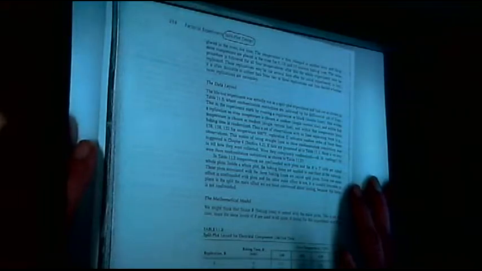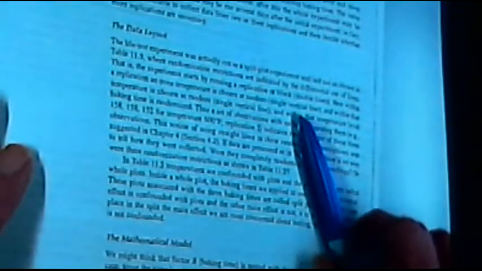Copied from another source about split plot designs. So here is the description of what's going on with this experiment. It talks about how we run a replication or a block, and then within a replication, an oven temperature is chosen at random.